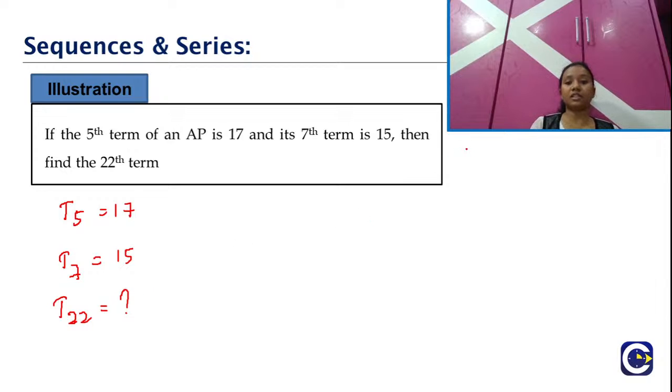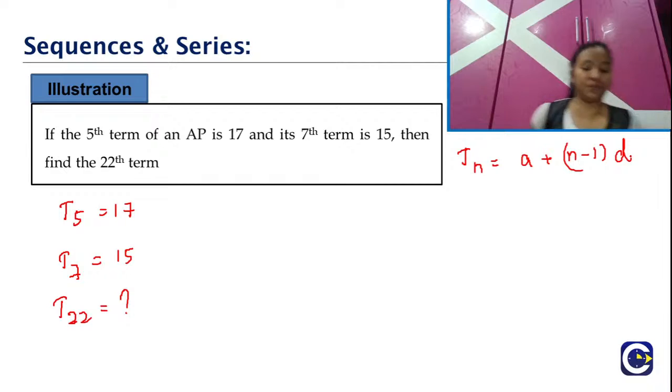So first write the general term. The general term will be a plus (n minus 1)d. So using that, you can directly predict the answer. Write your T5 in terms of the general term and write your T7 in terms of the general term.